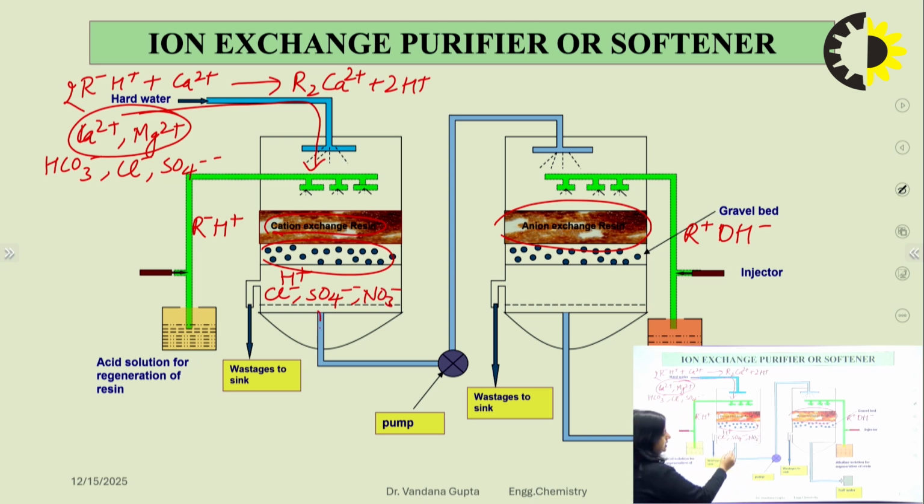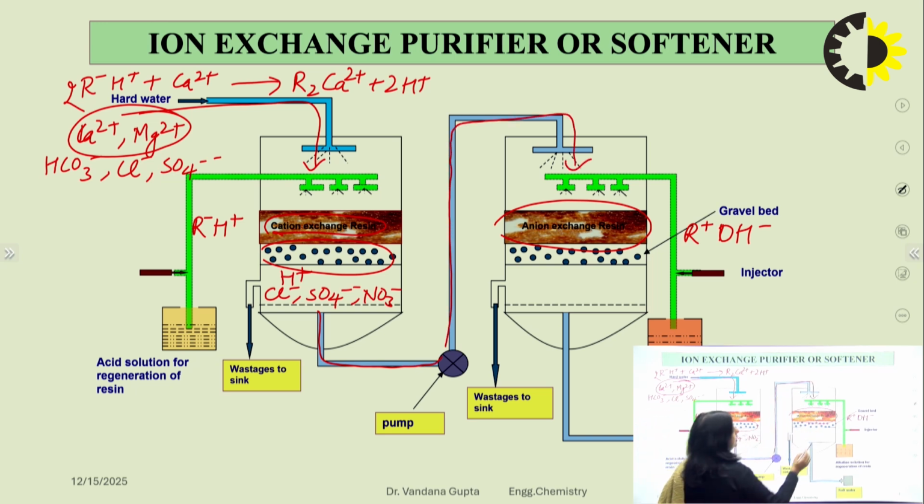After that, this water is passed through the second column, that is the anion exchange resin. Anion exchange resin is generally expressed as R+OH-. So all the anions are exchanged with the OH-.